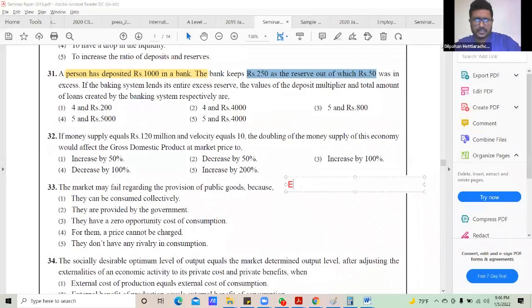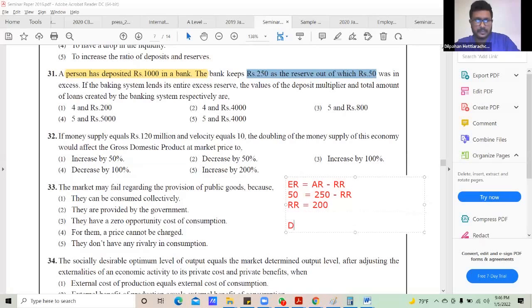Excess reserve equals actual reserve minus required reserve, right? Excess reserve is 50, they mention it. Actual reserve is what they are keeping already, 250, and the required reserve we don't know. So RR on this side, 50 on that side. So the required reserve is 200.